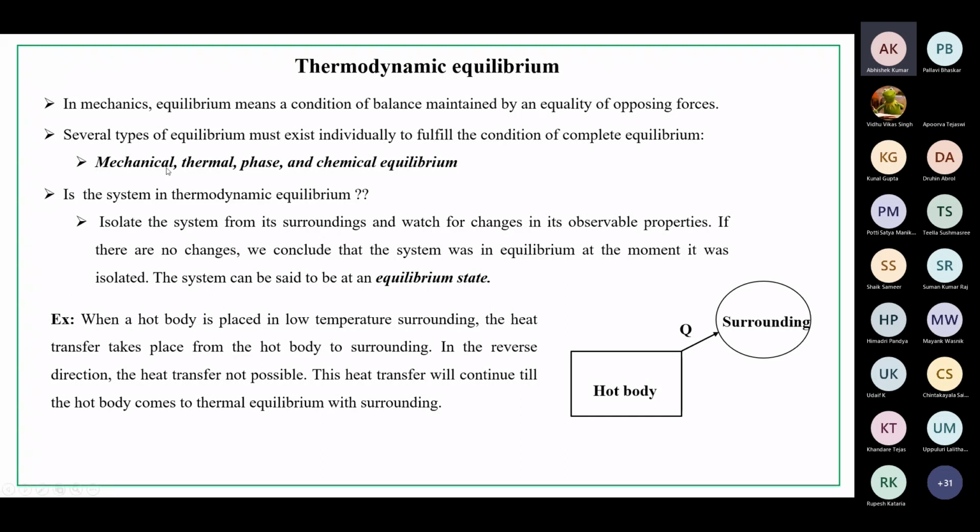Thermodynamics means a combination of all these: mechanical because of the pressure differences, thermal because of the temperature differences, phase change because of the fluid changes, and chemical equilibrium because of chemical reactions like combustion reaction. When the system is in an equilibrium state, it means no changes are happening with respect to all these.